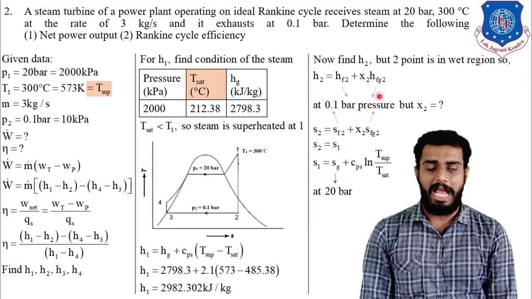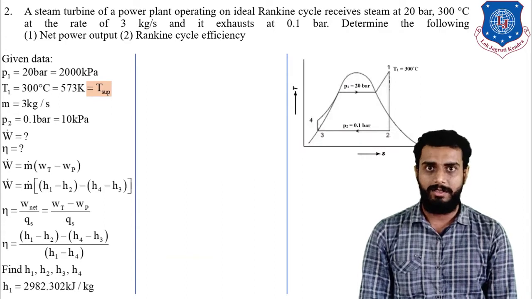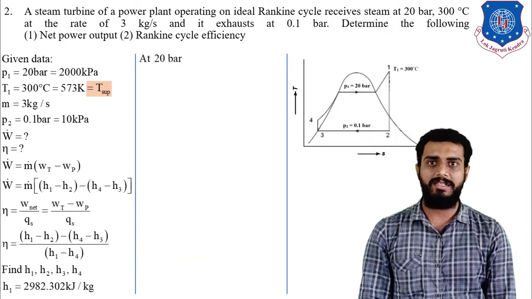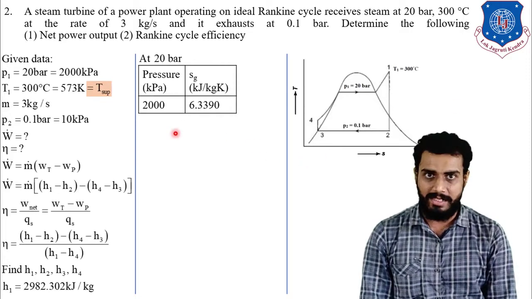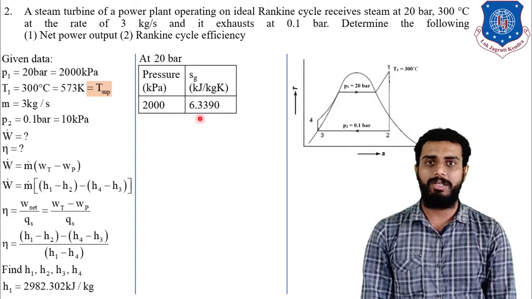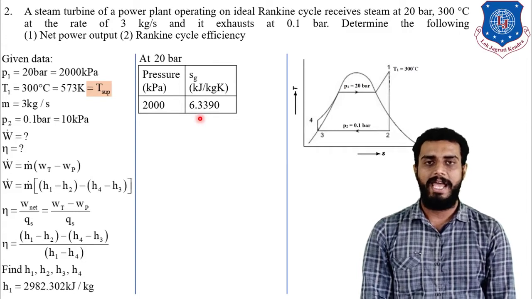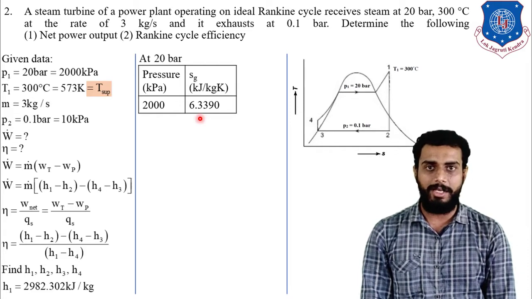So at 20 bar, I will first identify Sg. From the steam table, I can see that Sg is 6.3390 at 20 bar or 2000 kilopascal. Right? So I will substitute the value in the S1 is equal to Sg plus Cps ln T superheated by T saturated equation.